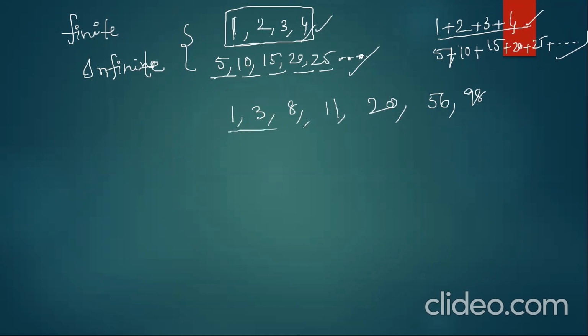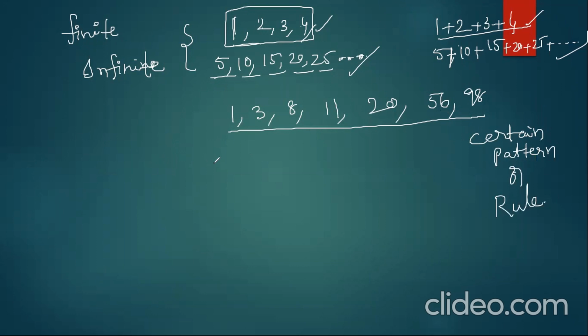Here, is there any rule being followed? There is no rule at all, right? So if a sequence follows a certain pattern or rule, it can definitely be called a progression. What is it called? Progression.